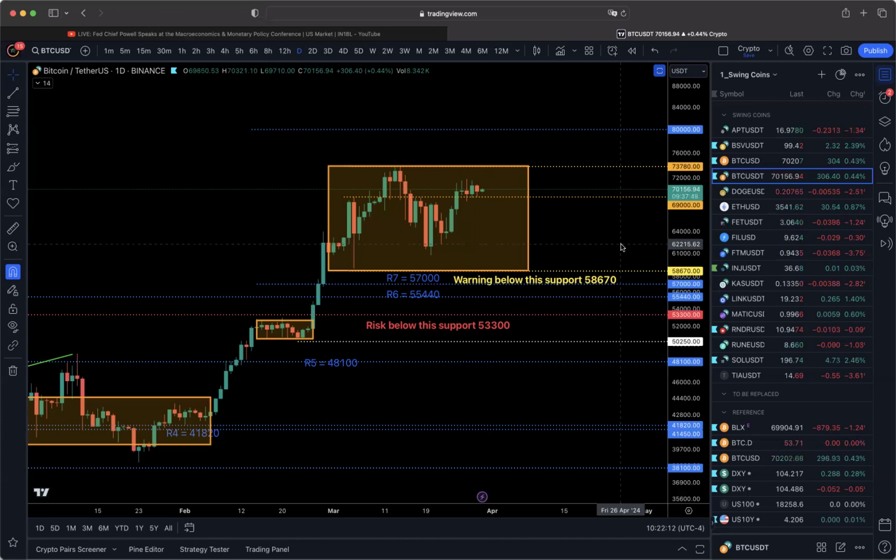Then there is a third level, the ultimate level, which might break the trend, meaning the uptrend. There is another level which I haven't captured because there's no need at this moment. We'll talk about that only if the risk level is triggered, when we can say there is real risk to this uptrend.